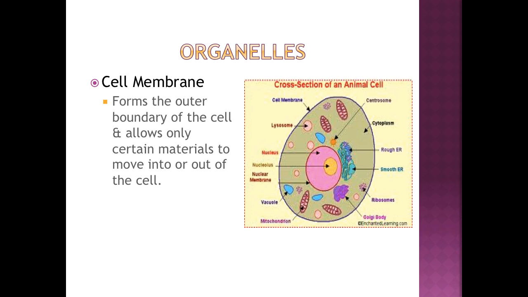So their organs include a cell membrane. A cell membrane forms the outer boundary of the cell and allows only certain materials to move into or out of the cell. So it controls what enters and what leaves that cell. And here's a diagram to show you what a cell membrane looks like. It's on the outermost part. It's what's shaded in purple.